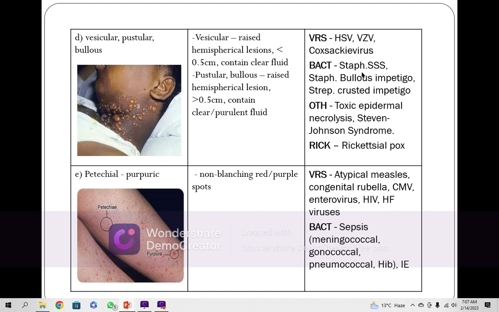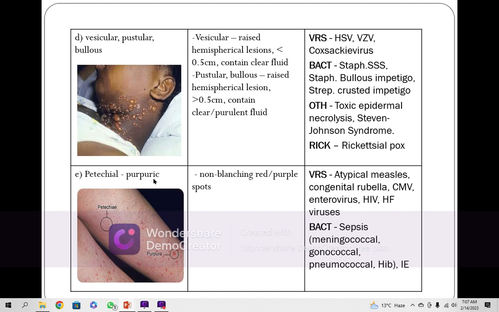Bacteria include staphylococcal toxic shock syndrome and staphylococcal bullous impetigo, streptococcal clustered impetigo. Others are toxic epidermal necrolysis, erythema multiforme, Stevens-Johnson syndrome, and rickettsialpox. You see these types of lesions in different parts of the body.